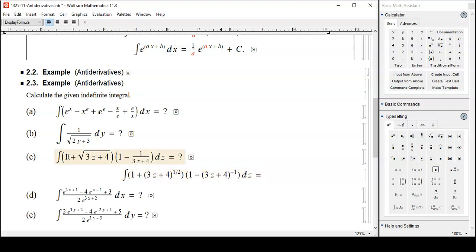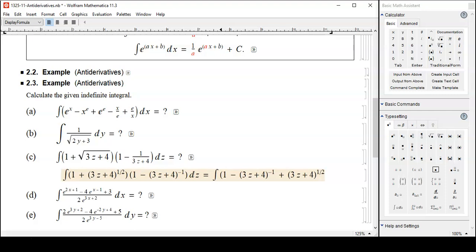So instead of just breaking up and folding out this square root and fraction expression, I'd rather break up this power expression. Okay, parenthesis open. And then first is 1, and outside 1 times this negative 3z plus 4 to the negative first power. And then inside 3z plus 4 to the 1/2 power.